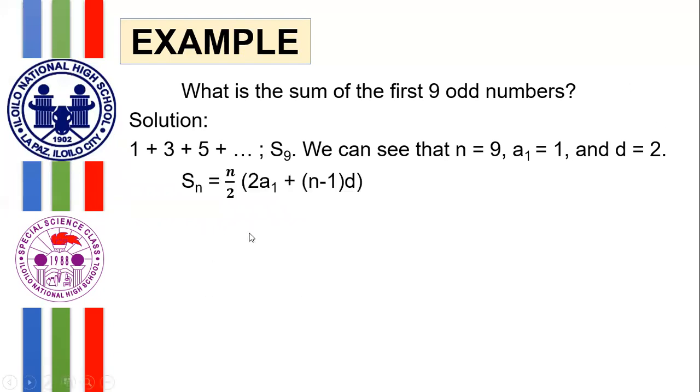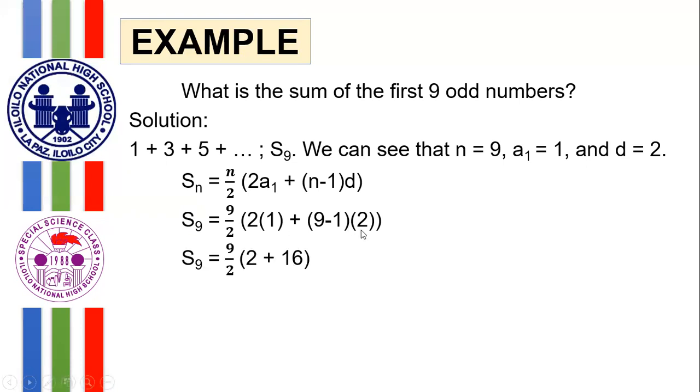For the meantime, I will be using the longer version of the formula because the common difference of 2 is known. With such, you have S sub 9 equals 9 over 2 times 2 times 1, which is 2, plus 9 minus 1 times 2. So this is 2. 9 minus 1 is 8 times 2, which is 16. So what's inside the parentheses simplifies to 18.